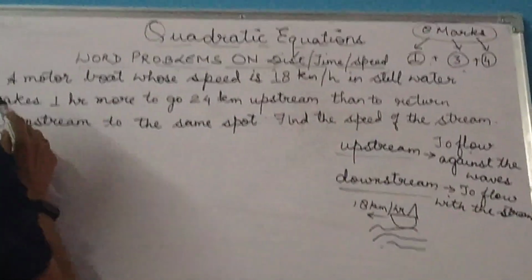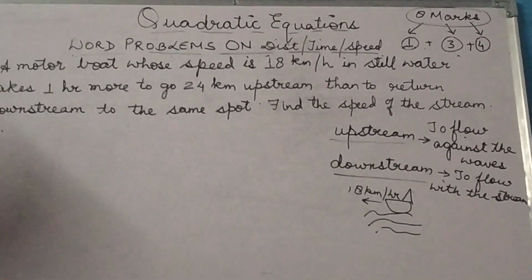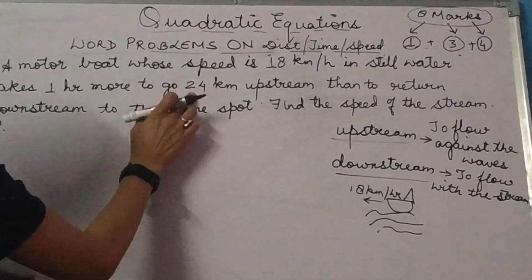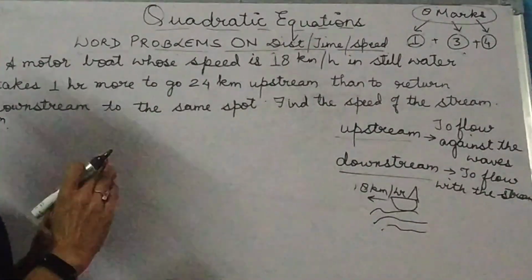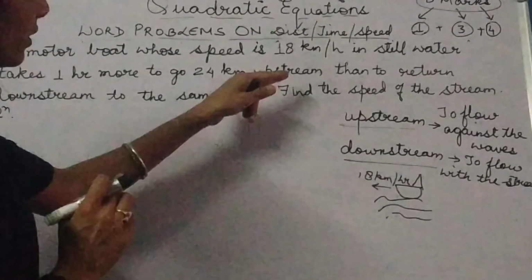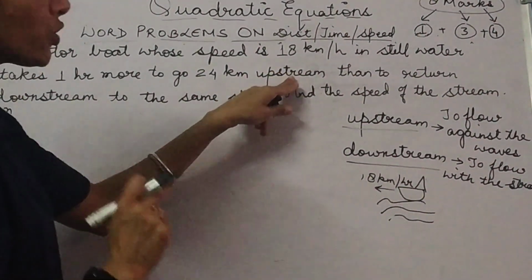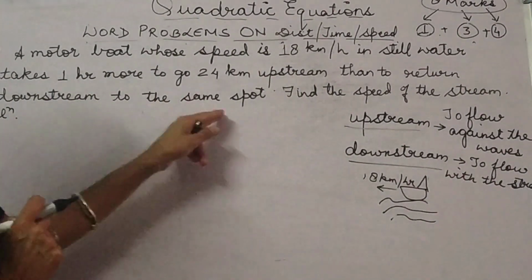Now, it takes 1 hour more to go 24 kilometers upstream. This is the distance given. That means this boat is traveling 24 kilometers and it takes 1 hour more if it flows against the wave, than to return downstream to the same spot.